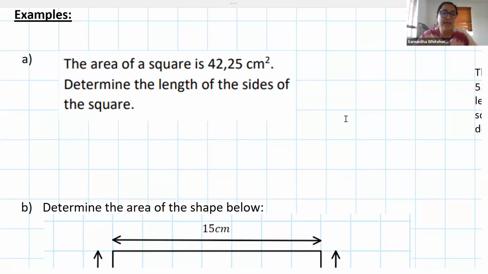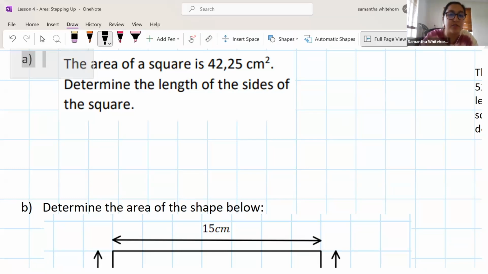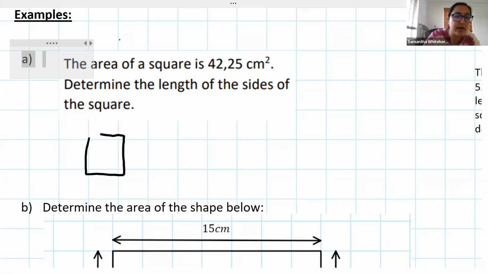So the question says the area of a square is 42,25 centimeters squared. Determine the length of the sides of the square. Now, especially if you struggle to visualize what's going on in a question, I would draw my picture for myself. I've been told that I have a square, and so that means that all of my sides are equal in length.